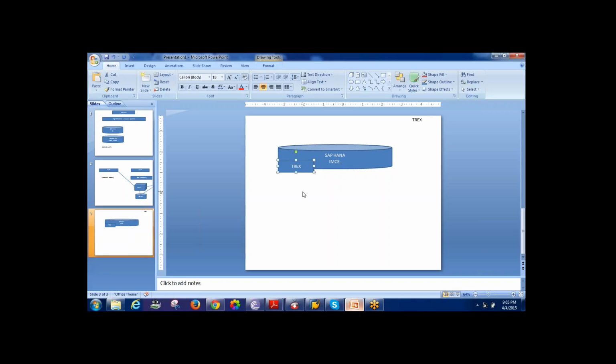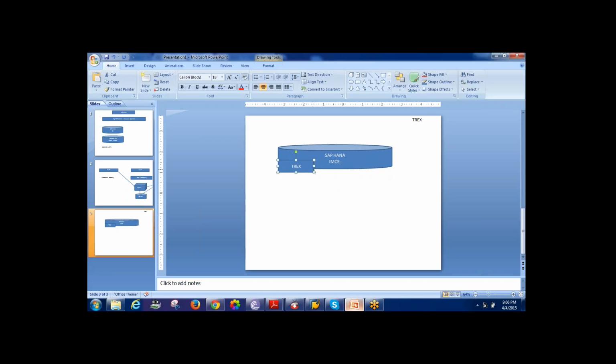TREX stands for text retrieval and extraction. It started as a student project, became very successful, and this technology is used in the BWA application. That is in-memory computing functionality.